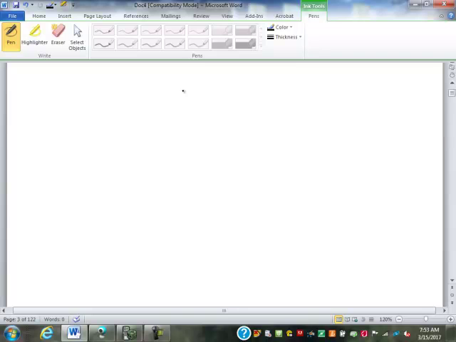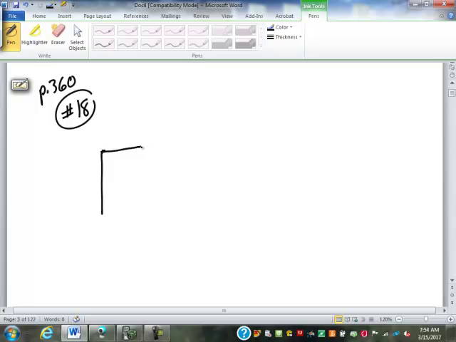I'm going to do one of the even problems. So this one's in the packet on page 360. This is problem number 18. Let's see if I can draw it.